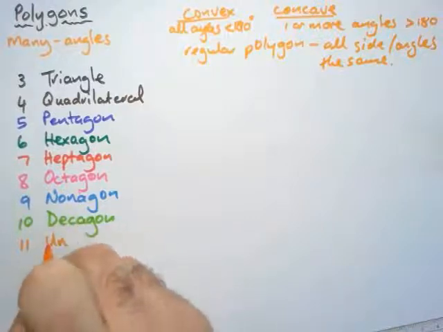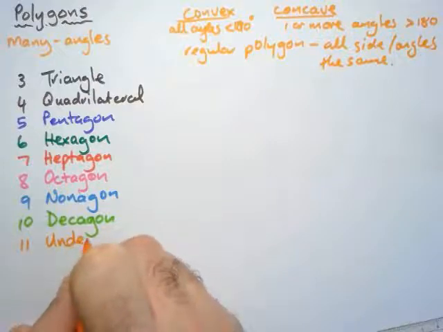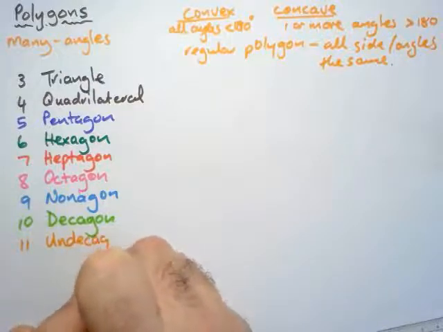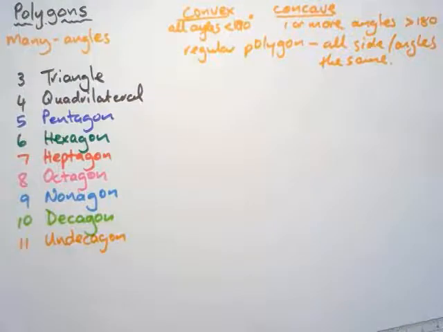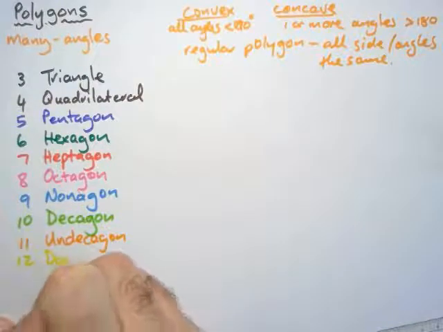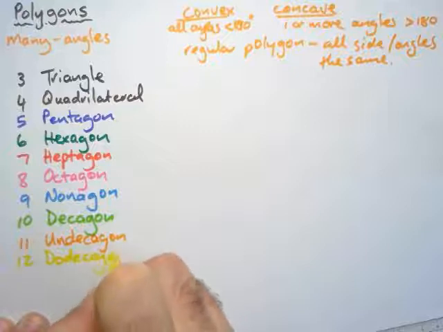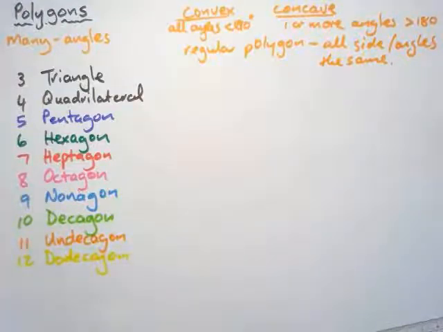Deca still stays 10, so un is 1, and 10, undecagon. And then number 12, do, which is 2, and 12, dodecagon. Okay, so you have to know these names.